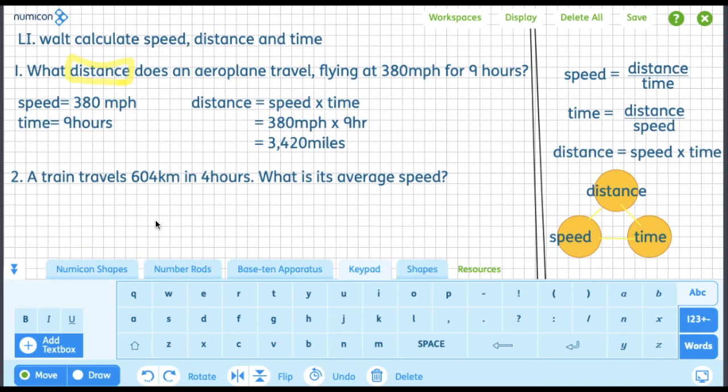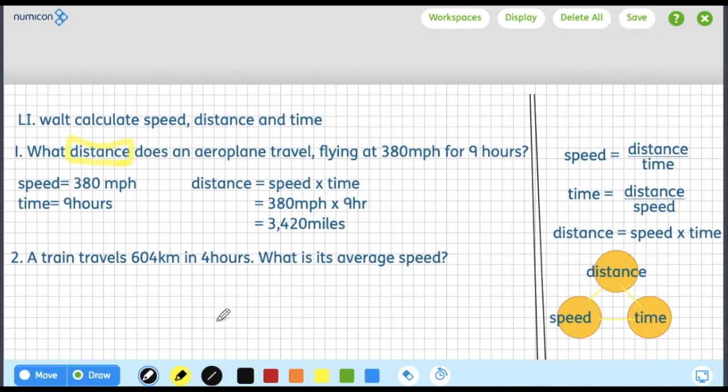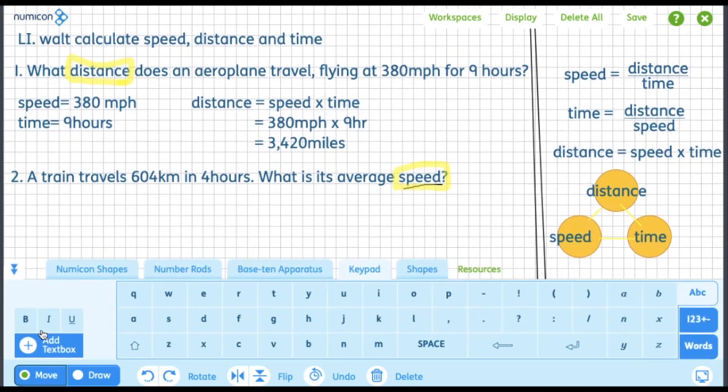And so what information is it asking us? So it wants us to have, what is its speed? So instead of looking at distance like we were before, we're going to look at speed this time. So a train travels 604 kilometers, so that's the distance. So the distance that we have here is equal to 604 kilometers, and the time is equal to 4 hours.